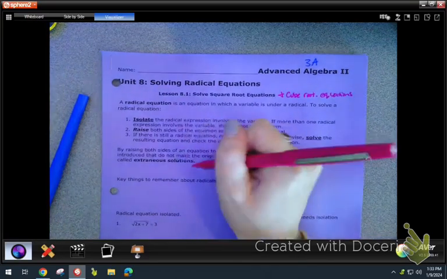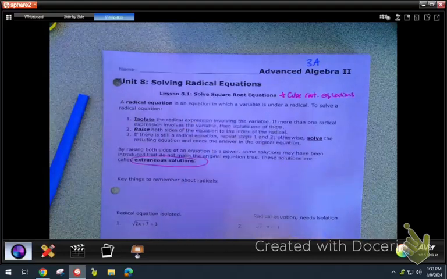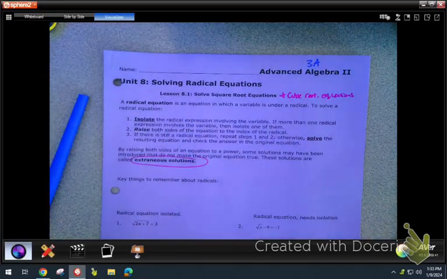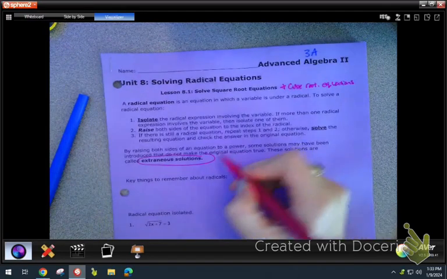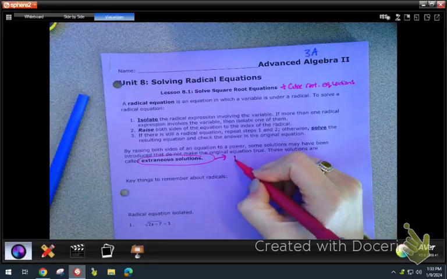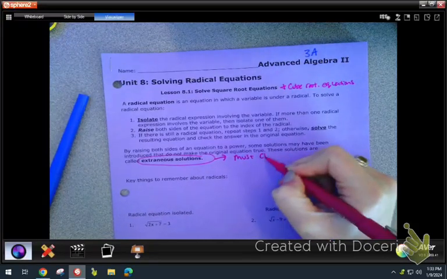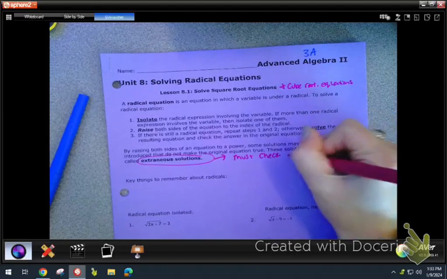I know we've talked about this before, like we had them with absolute value. Those are those extra solutions that sometimes pop up algebraically through your work, but then they don't actually work in the original equation. So what do we have to do? We have to check our work.